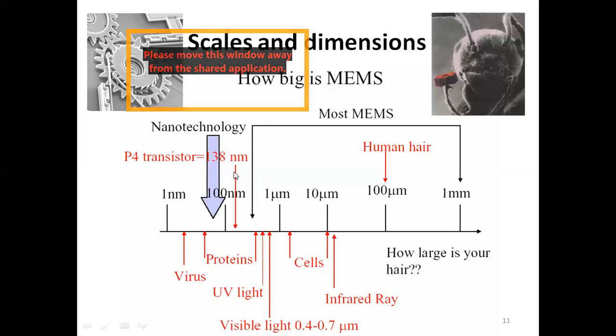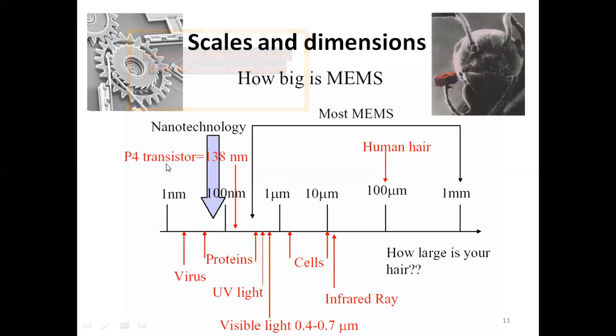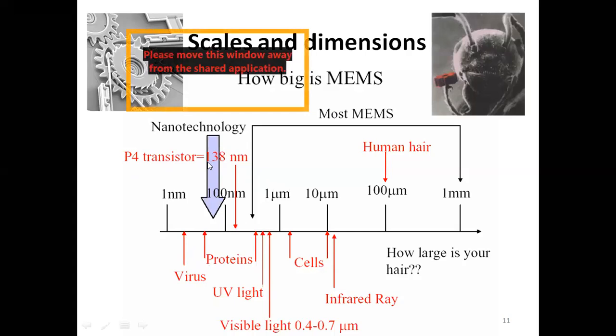Here you could also see the minimum feature size of the Pentium 4 transistor. Pentium 4 transistor was developed way back in 1995-96, and the minimum feature size in that transistor was 138 nanometer.